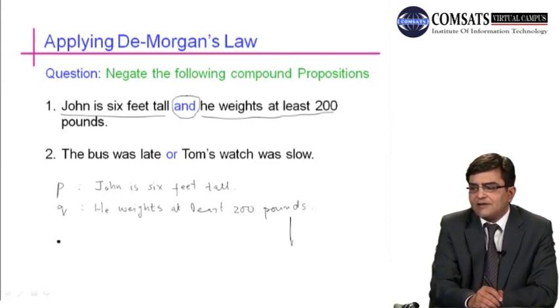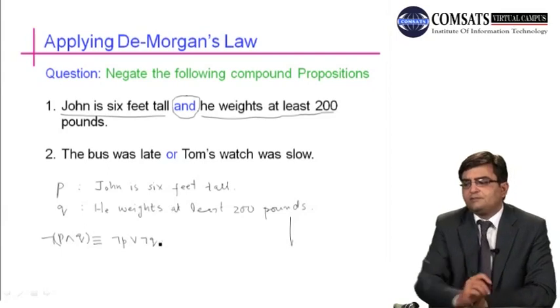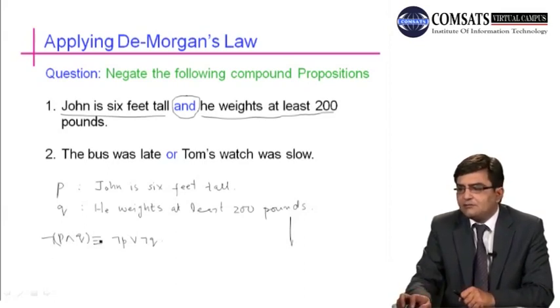Then we can write it in the logical form P and Q. Now the negation of P and Q will be what? By using De Morgan's law, this must be equivalent to not P or not Q. So how will we write the negation of this statement by using De Morgan's law?